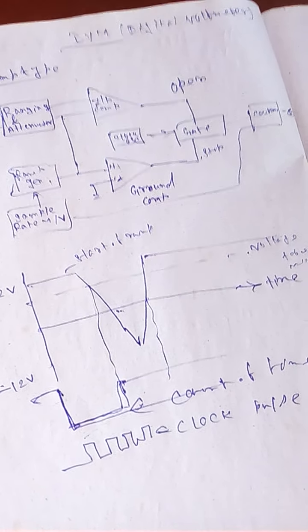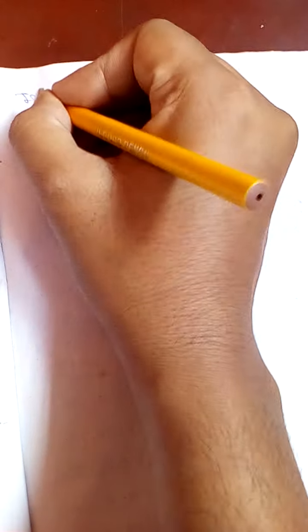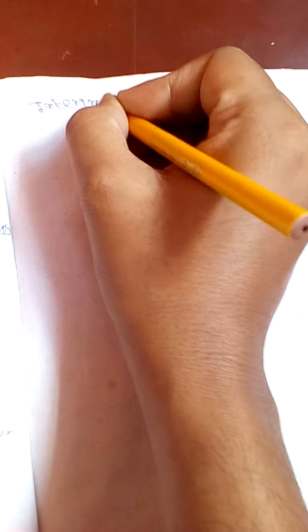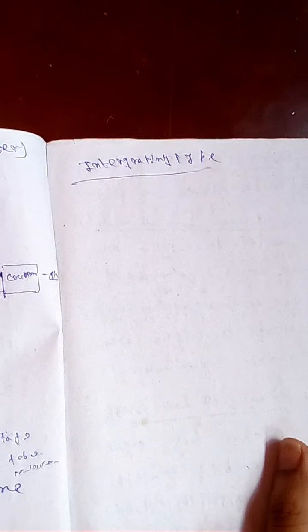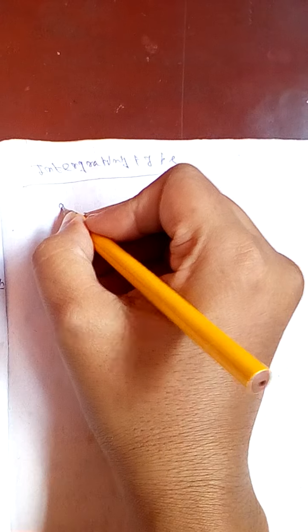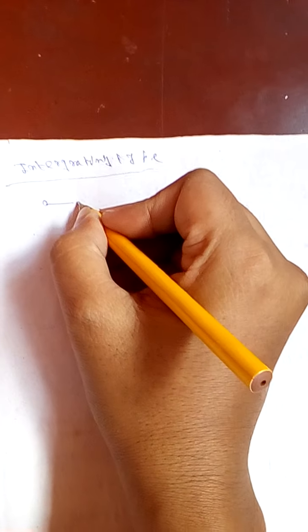Another type of digital voltmeter is the integrating type digital voltmeter. From the name it suggests that there is an integrator. We have seen the integrator in the op-amp. What is the integrator? There are two supplies.